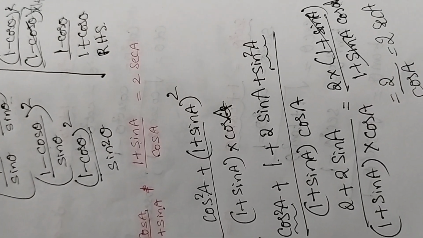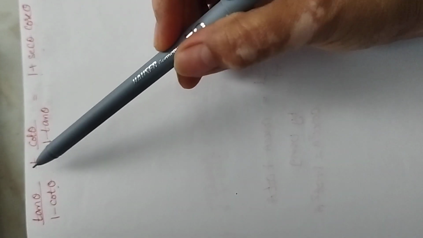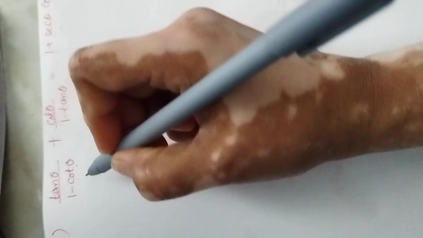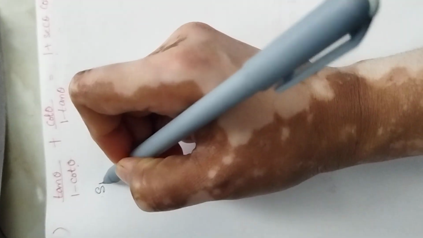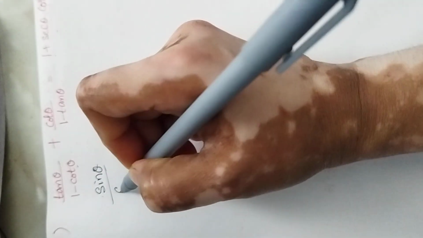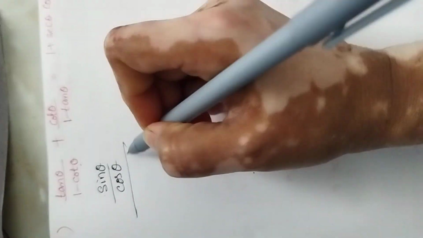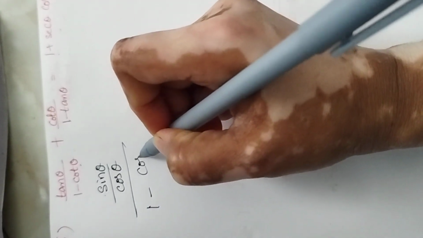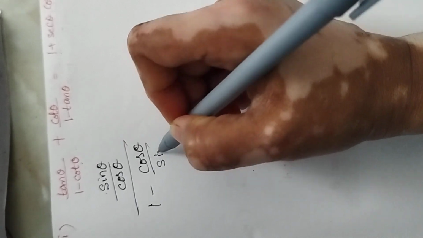Next, the third one. Observe, this is the third one. We should start with LHS and prove 1 plus secant theta into cosecant theta. I am converting tan to sin and cos, and cot also. Then take LCM and simplify. Sin theta by cos theta, cot theta is cos theta by sin theta.